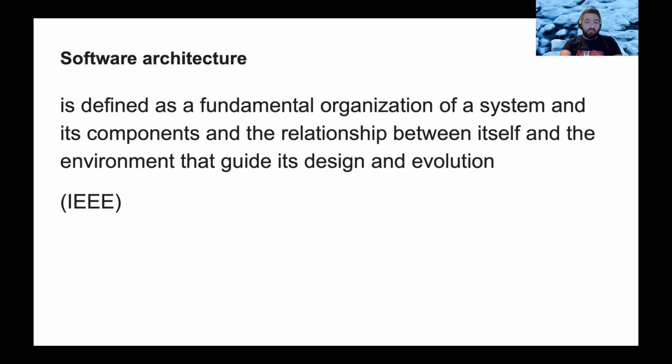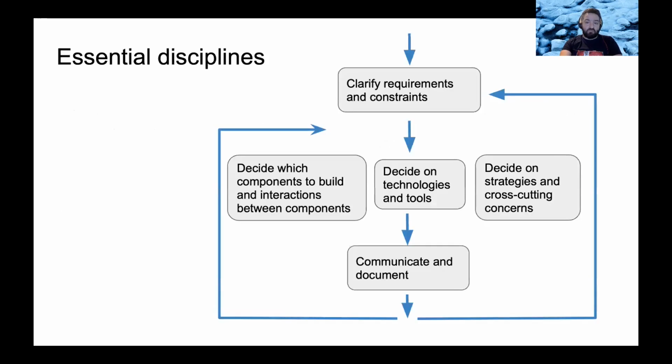But maybe it will be clearer if we look at the main phases of what software architecture includes. There are 3 of them. First, you need to gather all the requirements and constraints you need to consider. Second, you need to decide on structures and communication patterns and which technologies and tools are used for implementation.